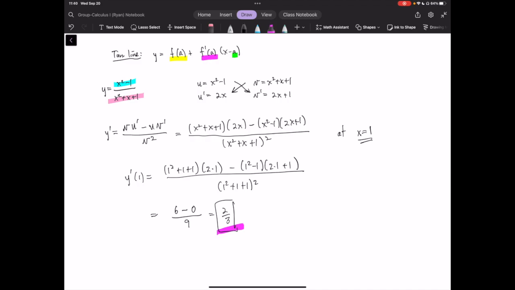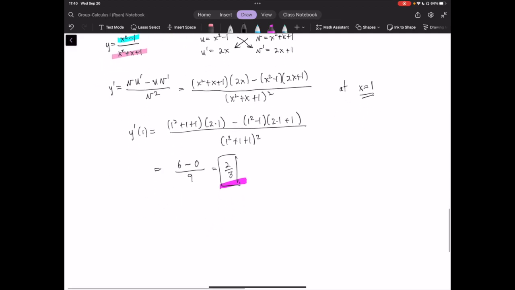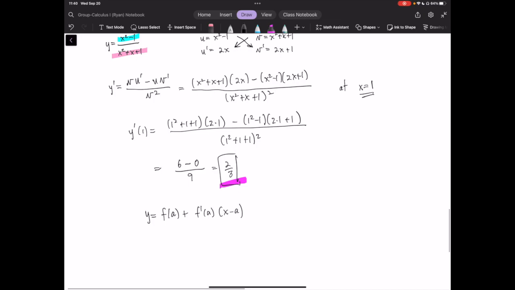Okay, so we take the derivative, use the quotient rule, get it all correct, plug in x equals 1, and we get the value of the slope, the value of the derivative. Now we have to plug in to get the equation of the line. Remember, y is equal to f of a plus f prime at a times x minus a.